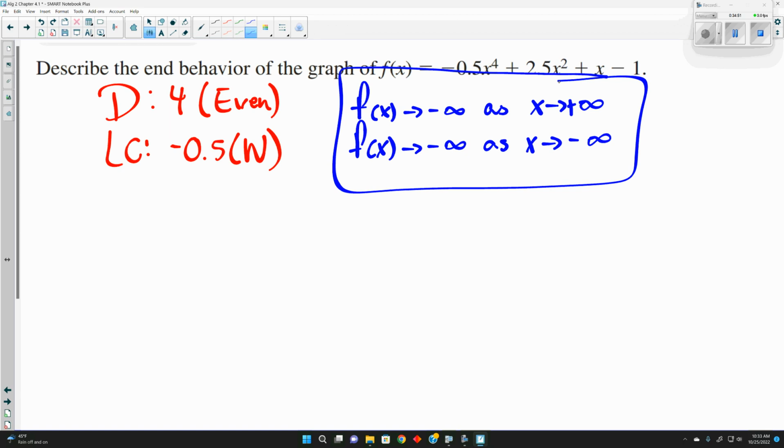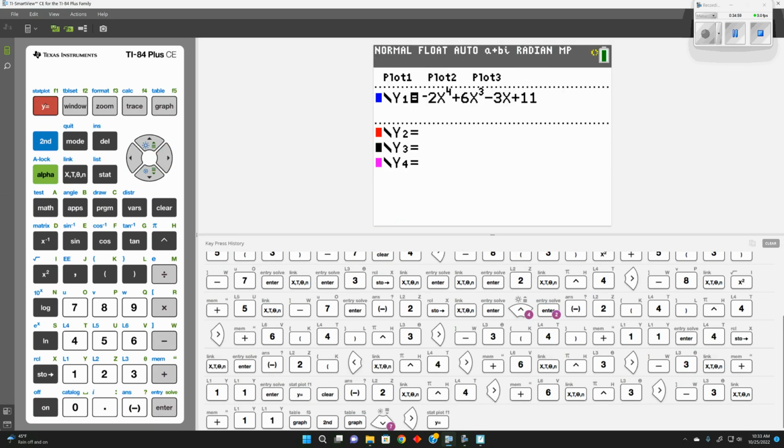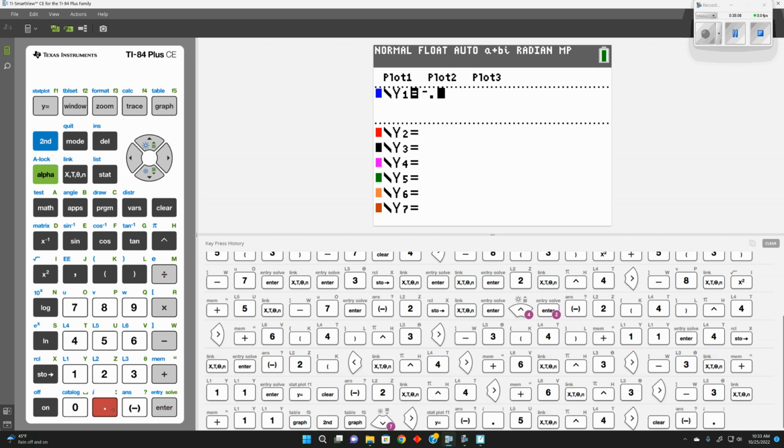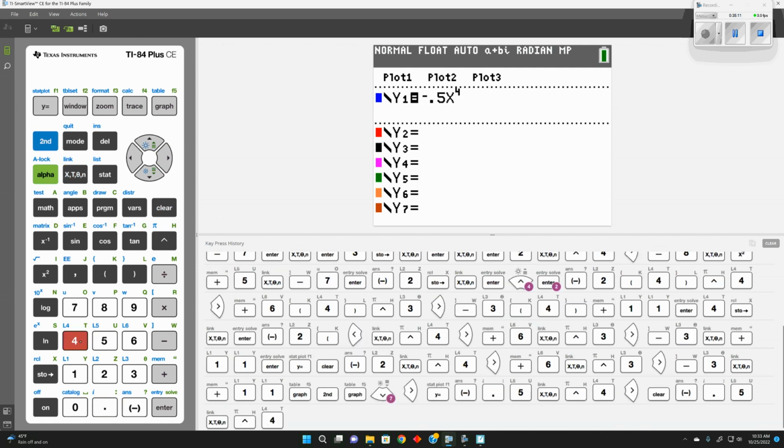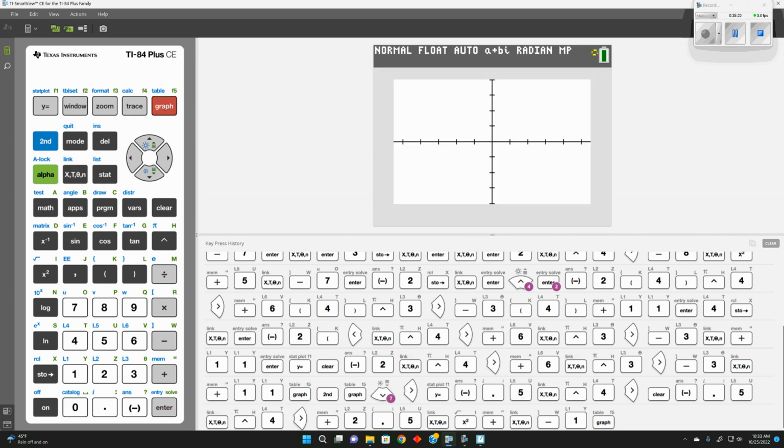Questions on this here? Because if we look at this graph, we can see that the two ends do shoot down and they continue to go down.